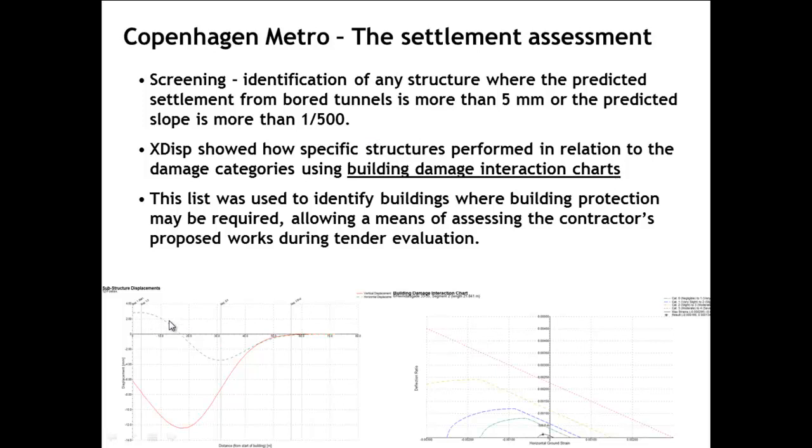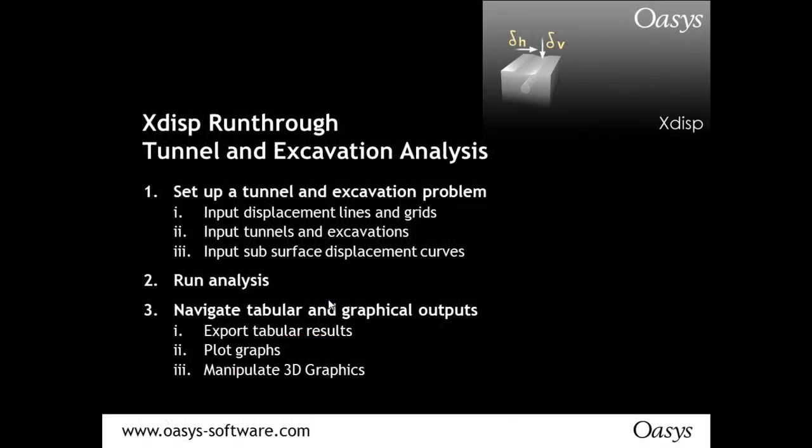So based on these settlements and these gradients, we would plot a building damage interaction chart. And if the building was shown to be in a high category of damage, then a further evaluation would be done, maybe even 3D FE. So that just gives you an idea of the kind of process that's involved with these big projects.